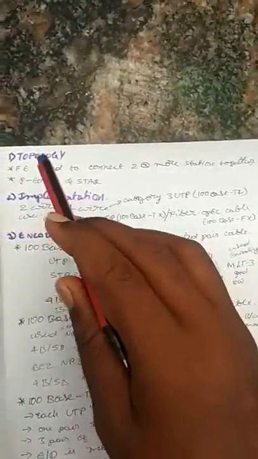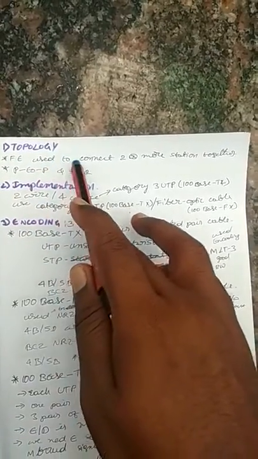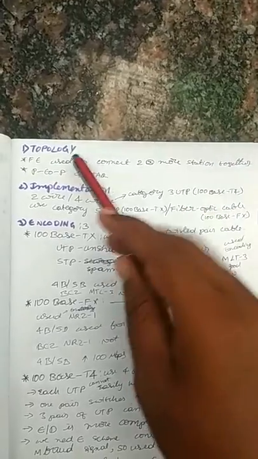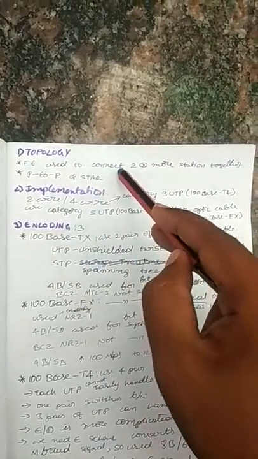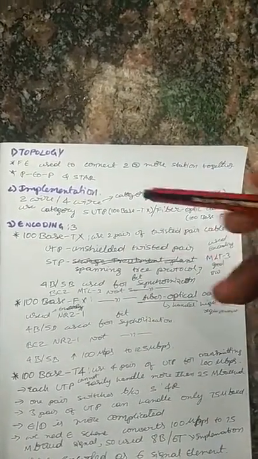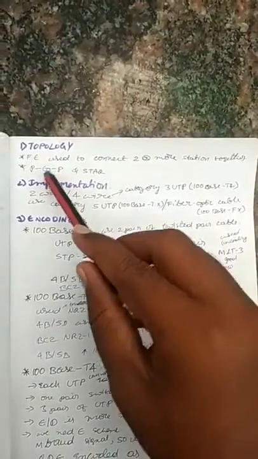Okay, topology. Fast Ethernet is used to connect two or more stations together.